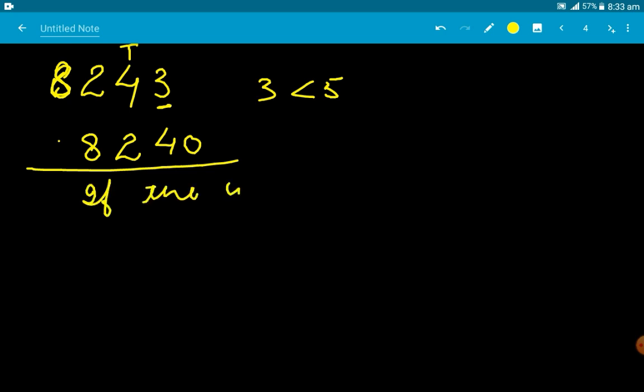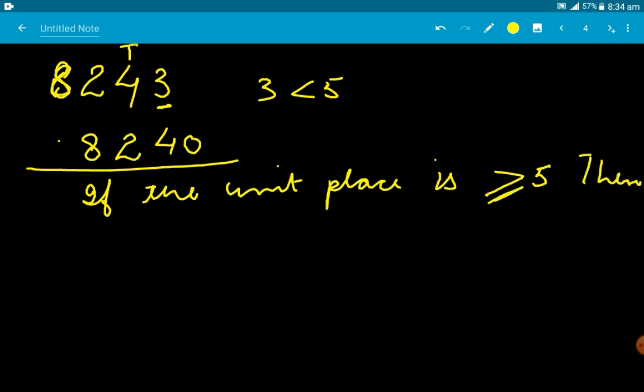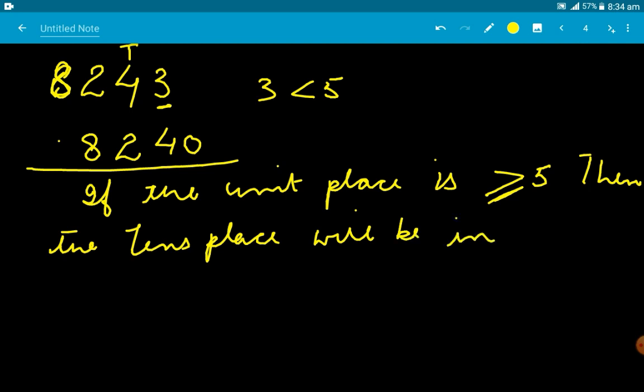Now if the unit place is greater than 5 or equal to 5, then the tens place will be increased by 1.